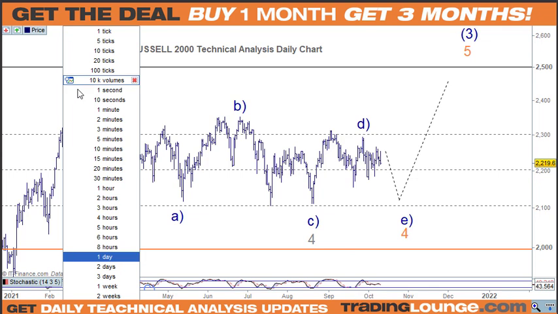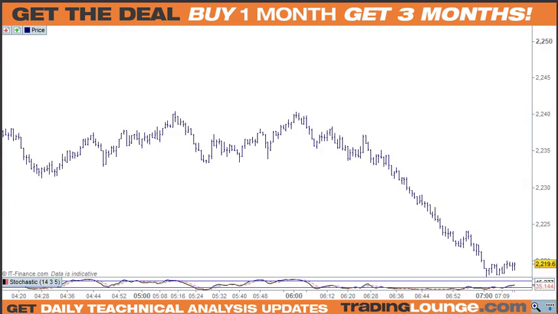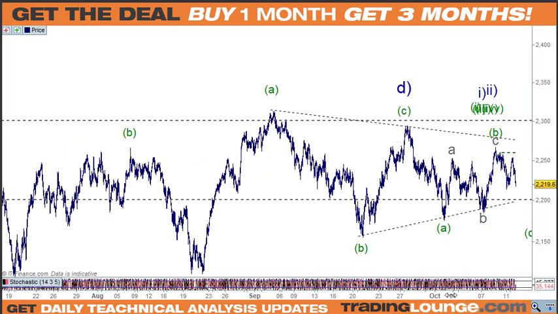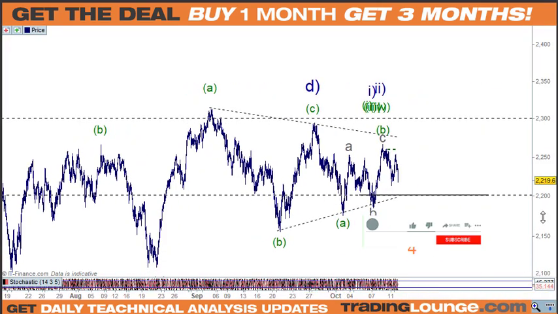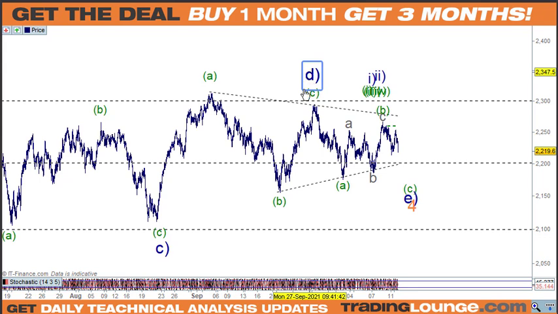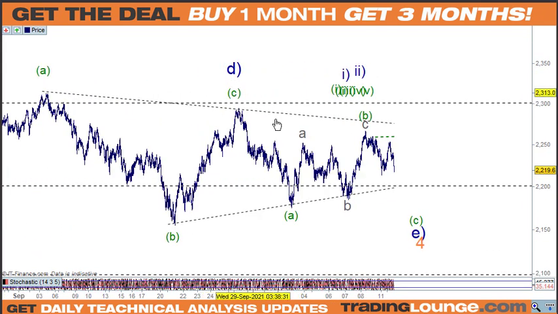On the tick chart, let's just bring in a bit more data as well. It's a little bit squashy here, but let's get our bearings. So wave C here, and then an A and a B and a C for wave D. And from wave D, we're going down to wave E here in blue.